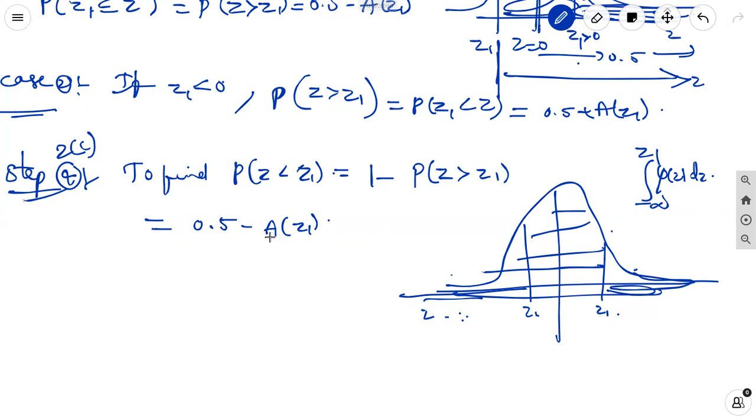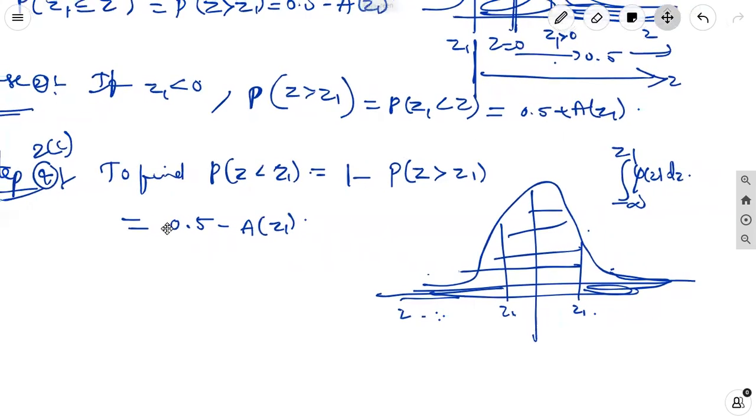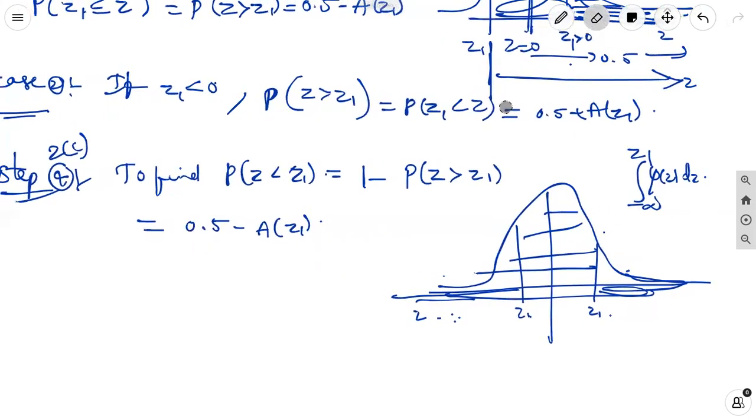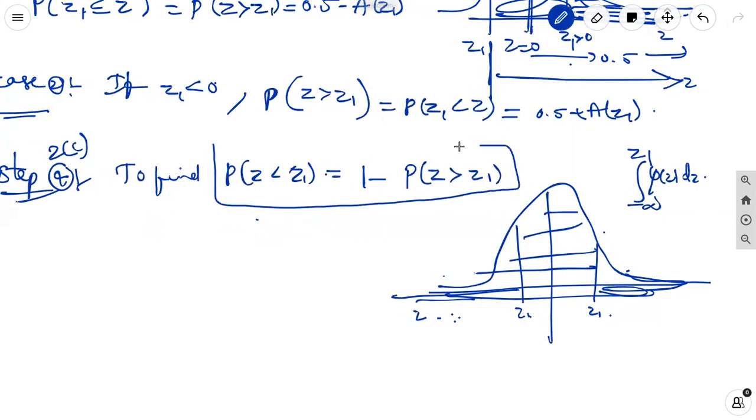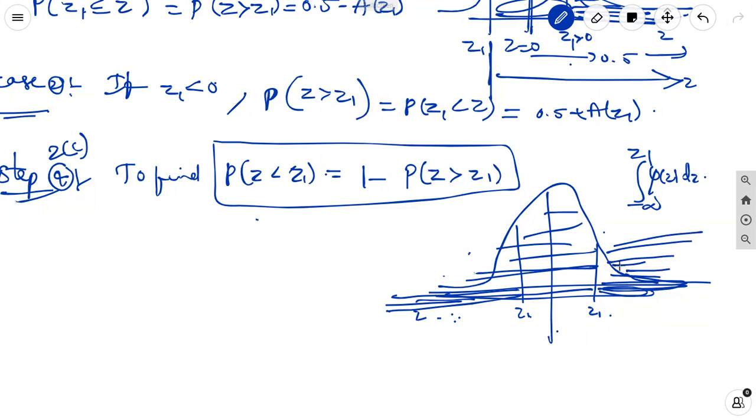The probability of Z less than Z1 is 1 minus the probability of Z greater than Z1, subtracting this area wherever it is.